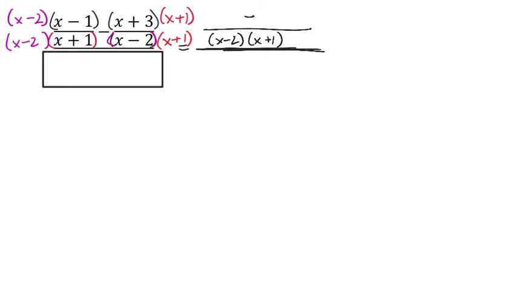What was the first numerator? I had x minus 2 times x minus 1. And then I also had x plus 3 times x plus 1.